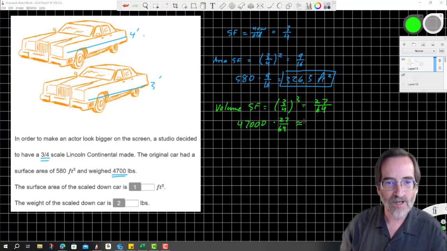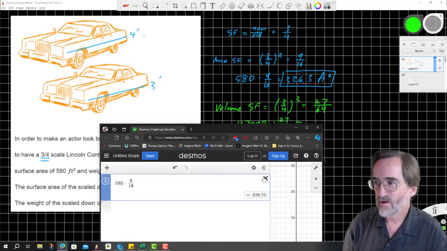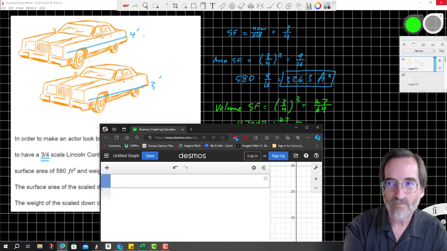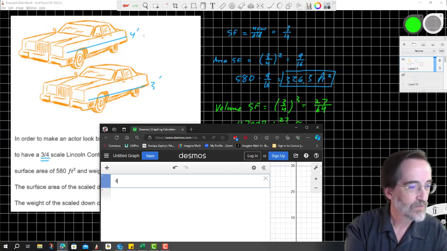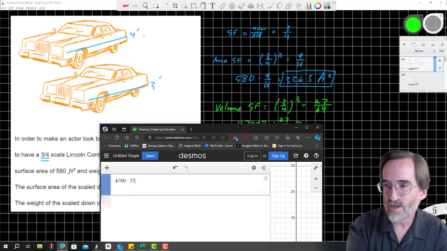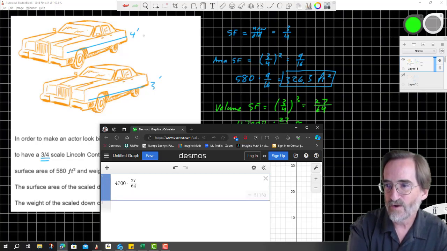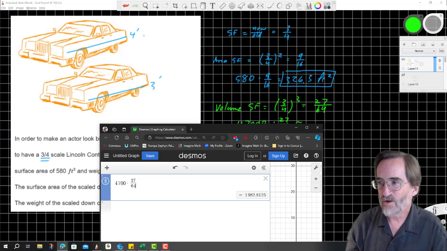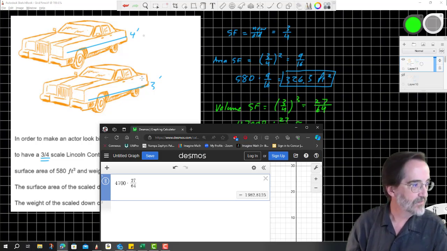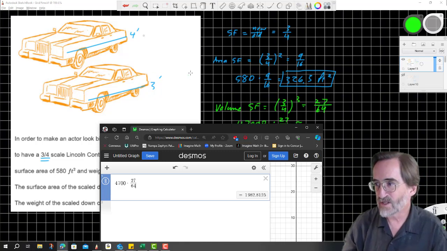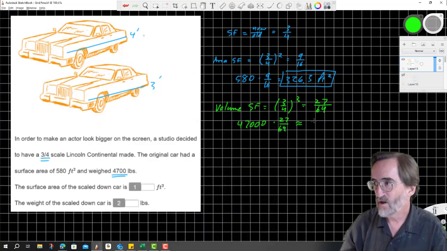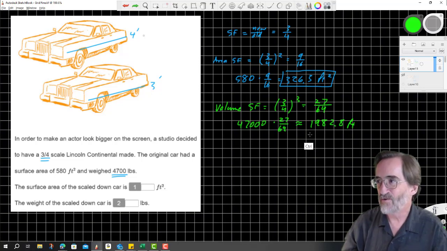Let's find out what that comes to. 4,700 times 27/64 is 1,982.8 pounds.